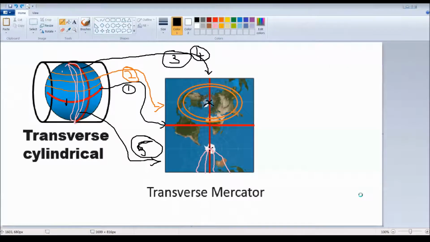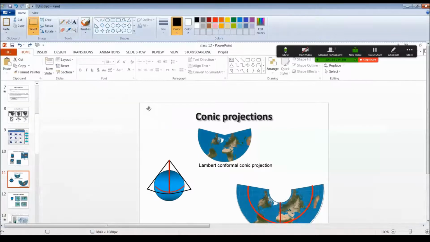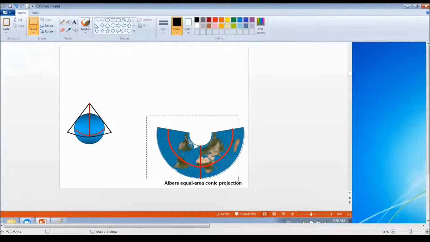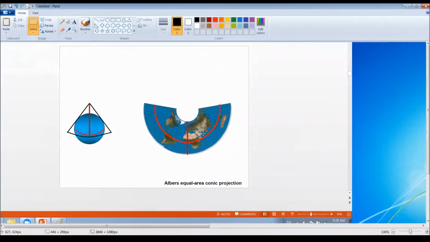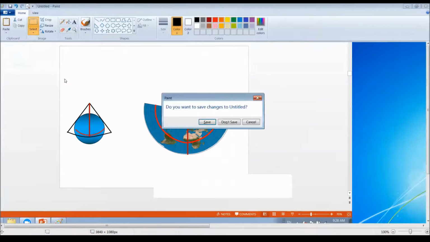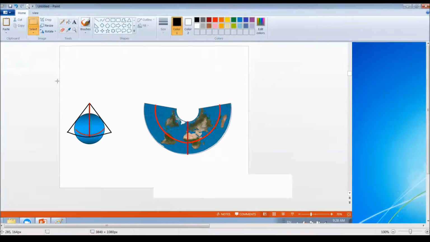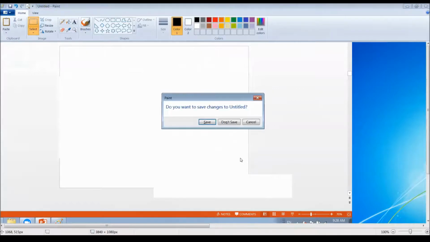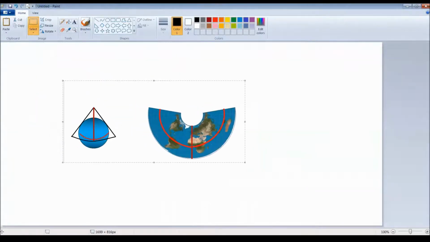Make sure I don't forget that. And I gave you some names for some of the projections. Again, you don't really need to memorize these names. You don't really need to know this one is called this, except very few that I will highlight, but you don't need to know all of them. Okay, so this is how it looks.